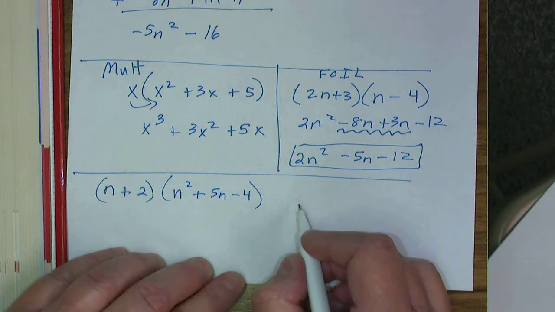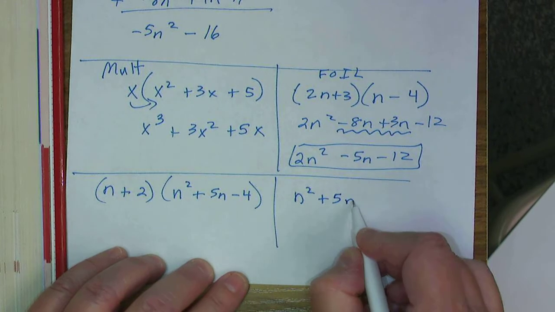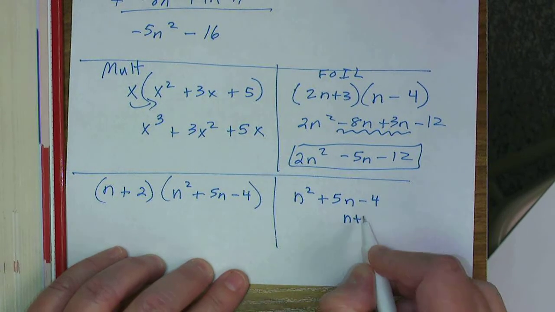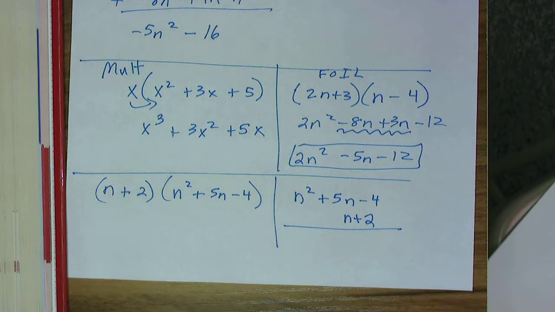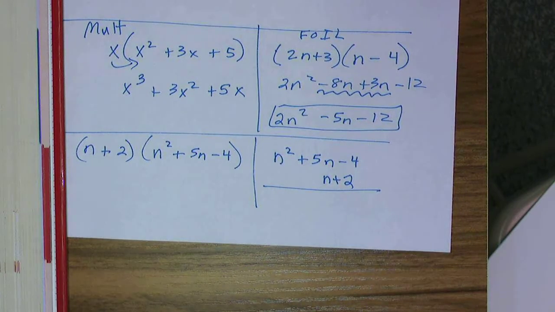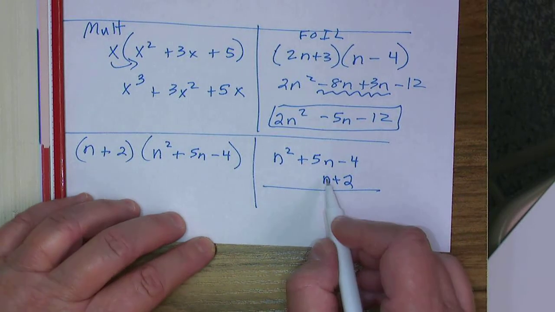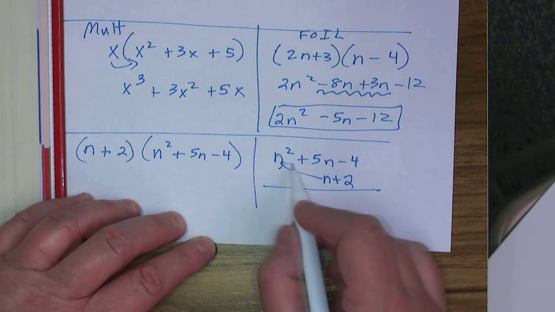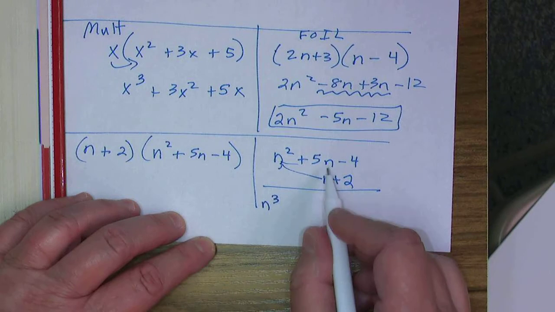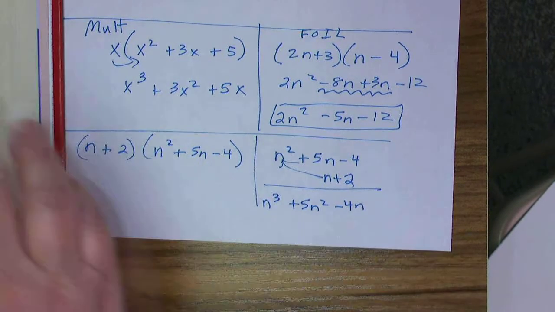I prefer the vertical method just because I can line my terms up right here. I don't care which way you show it when you do a quiz or a test for me. Multiply everything by n. So that's n cubed plus 5n squared minus 4n.